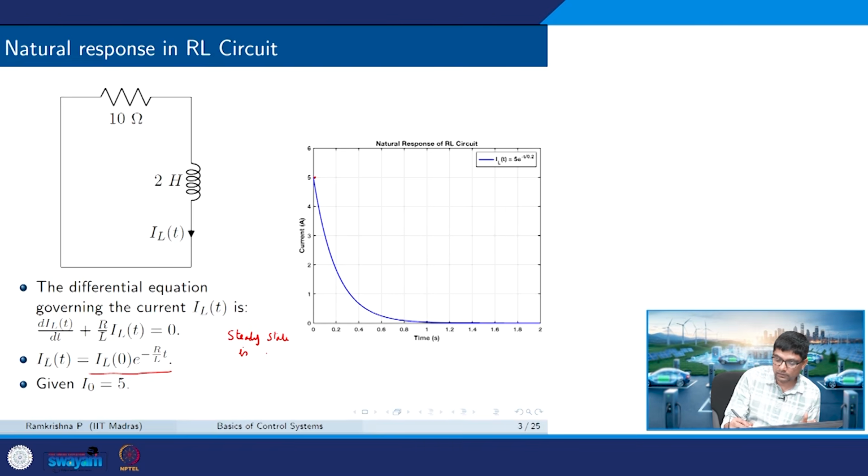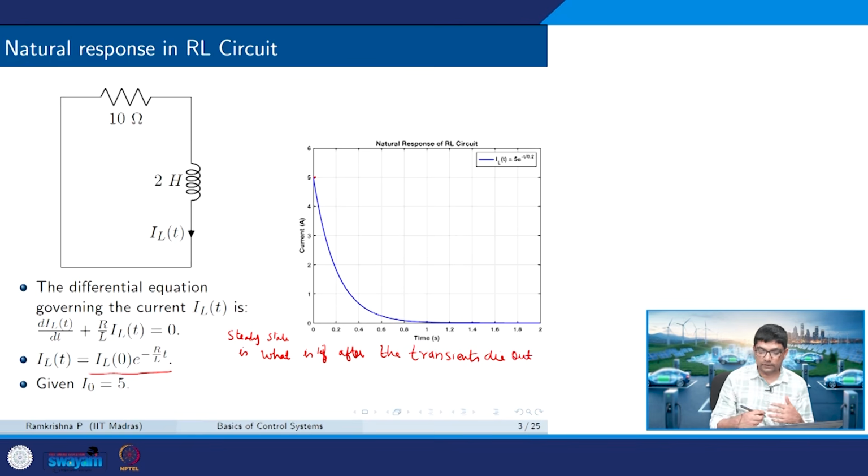is what is left after the transients die out. So, how do I mathematically say it?